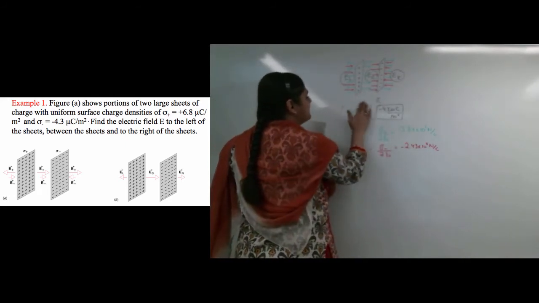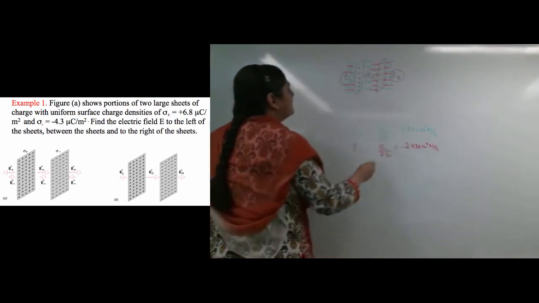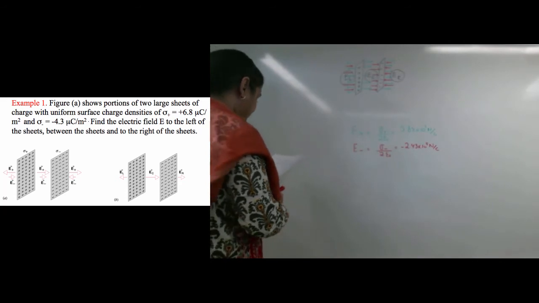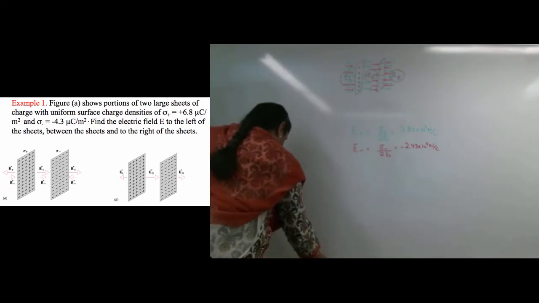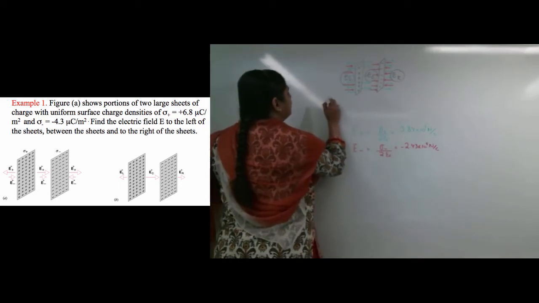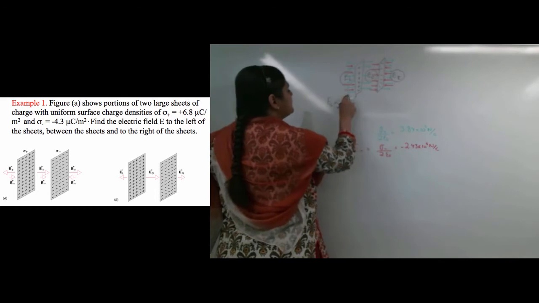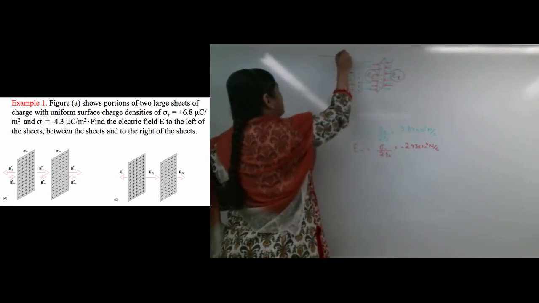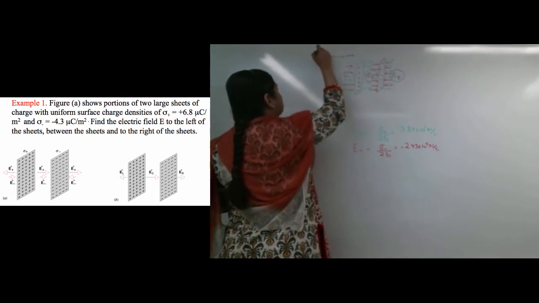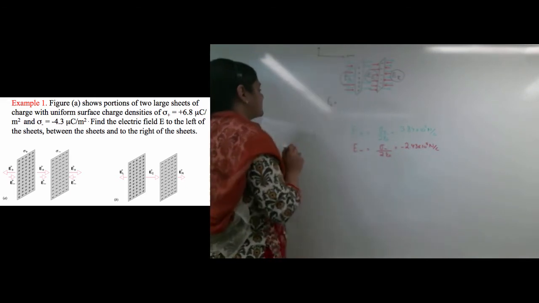So I'm just going to erase this for now, and I'm just going to write them here. So E to the left. What happens to E to the left? EL will be, well, if I choose this as my positive axis, then this would give me my negative.